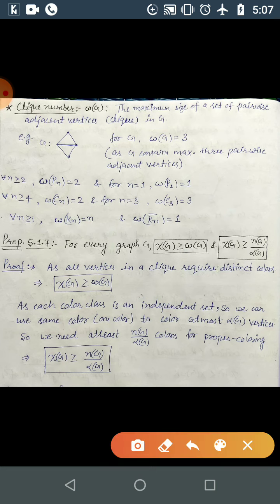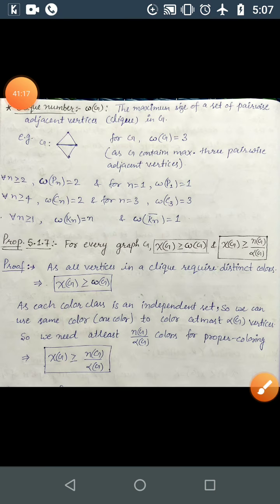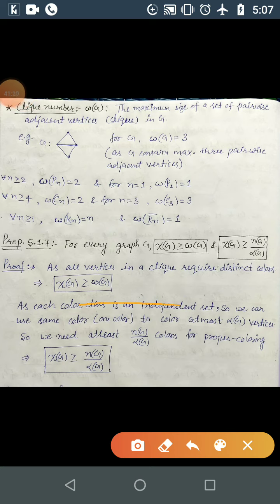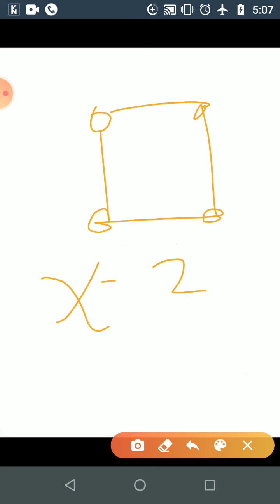And you can take the case of C4 also. What is the chromatic number? 2, correct. And for the clique number, no, we need the independence number.